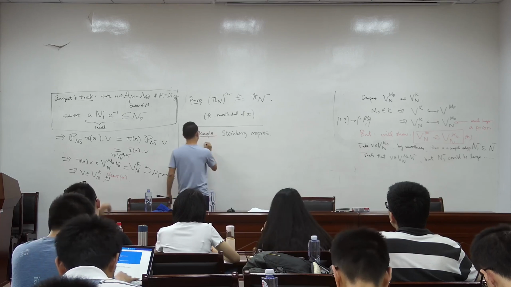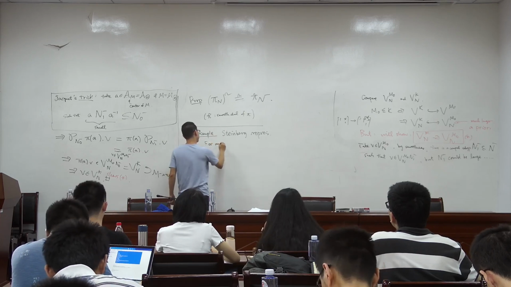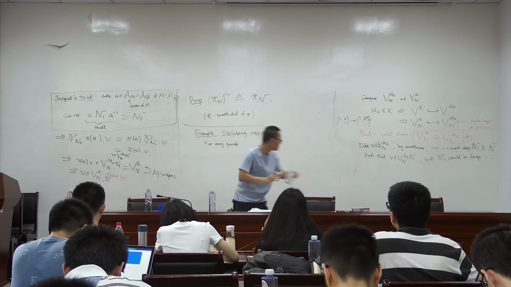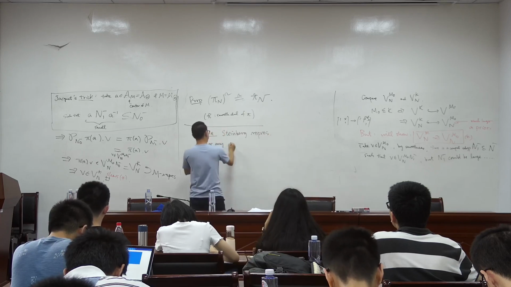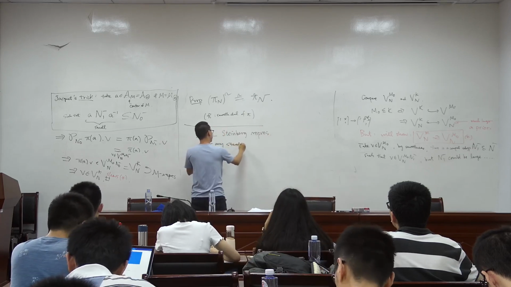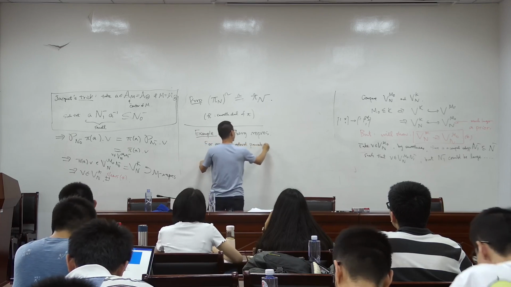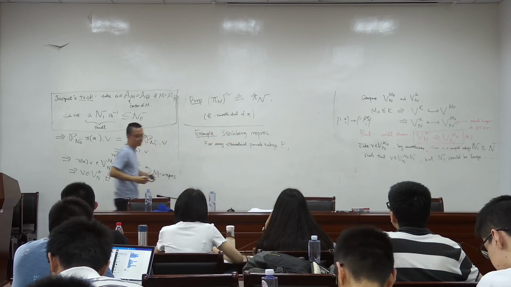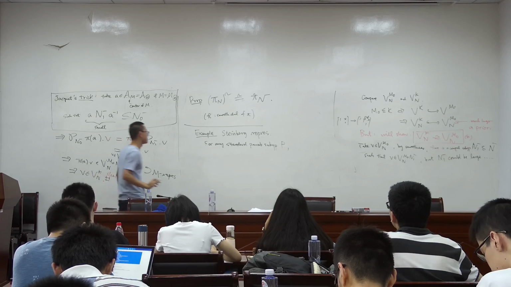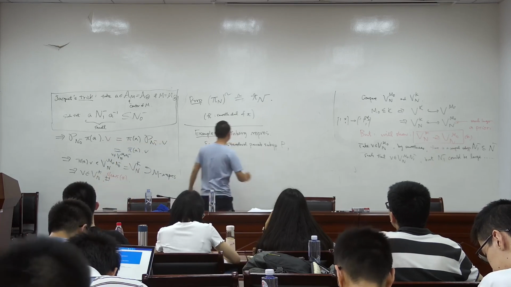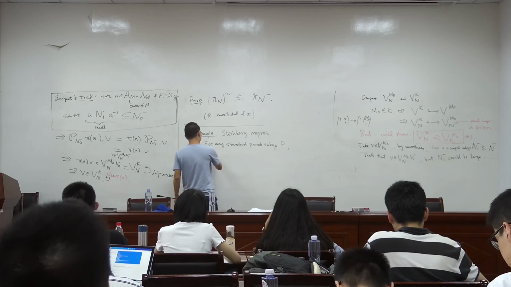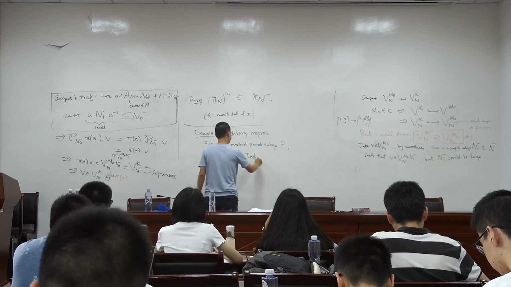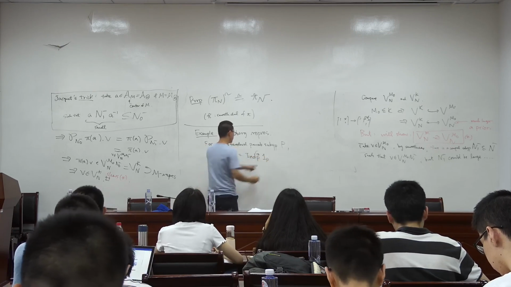Take any standard parabolic subgroup P. In particular, I take those which are upper triangular, the standard ones. Then I_P is defined to be just the induced representation from P to G of the trivial representation of P.